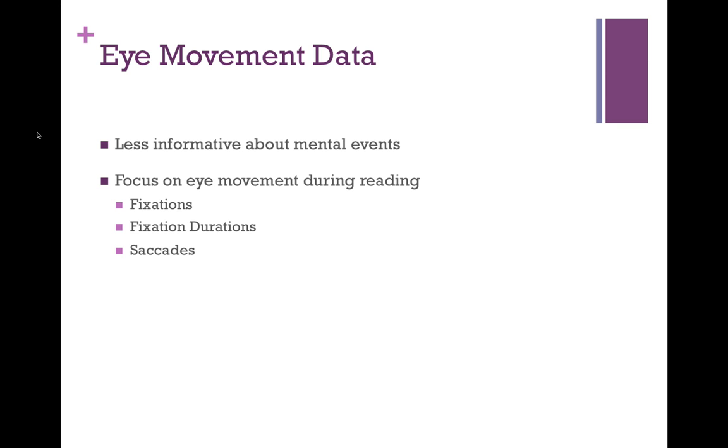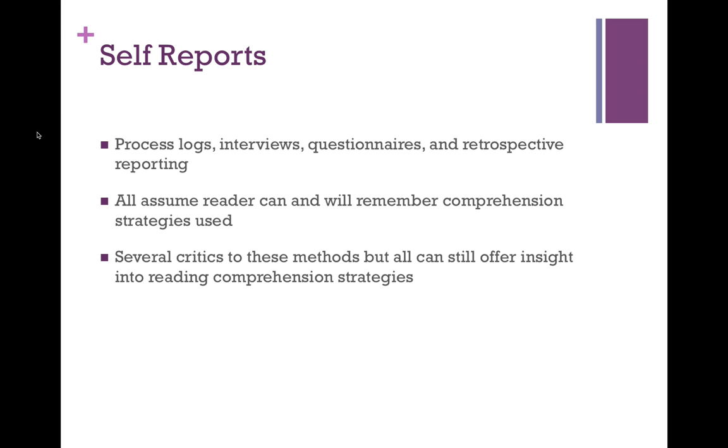Or it's a regression if their eye moves backwards. So this gives us a little bit of information about where the readers are in their place, but as I mentioned before, not as much about their mental processes.